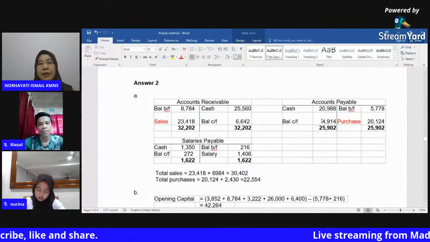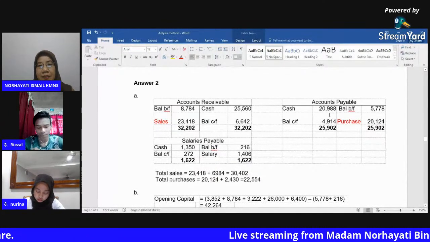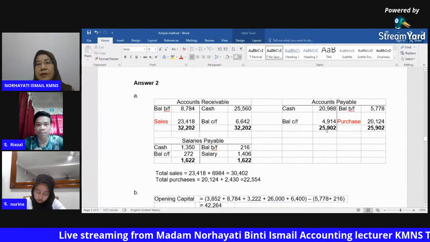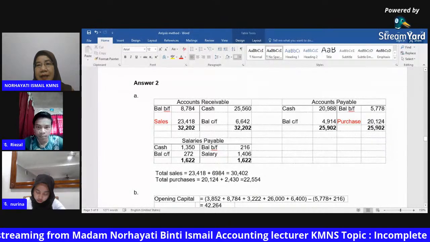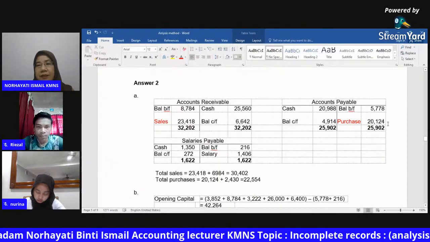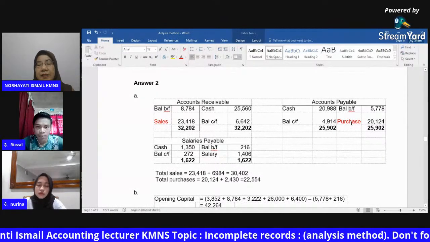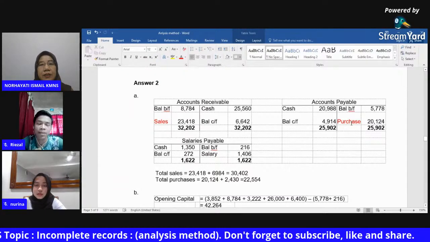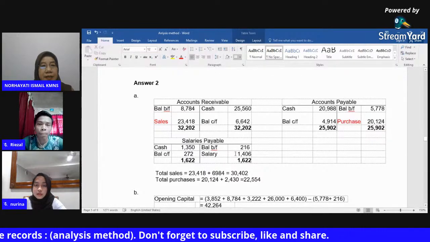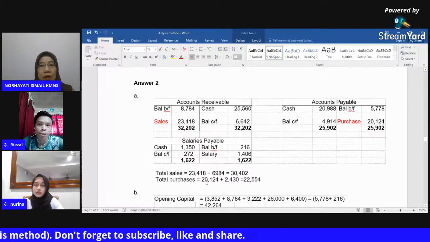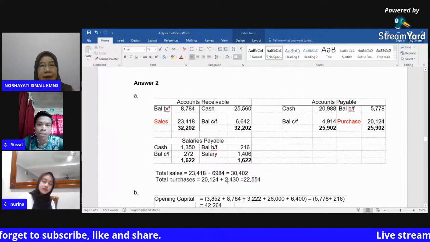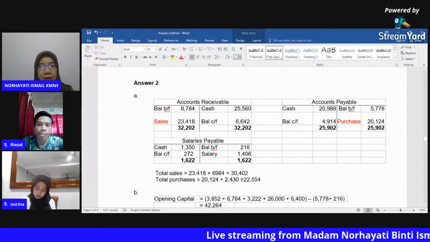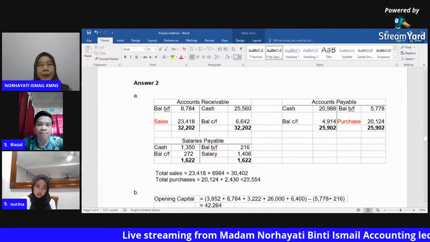So you total up the debit side, 25,902, and you total up the credit side, then the missing figure you got is purchase on credit, 20,124. So the total purchase is 20,124 plus cash purchase 2,430. You got the total of 22,554.